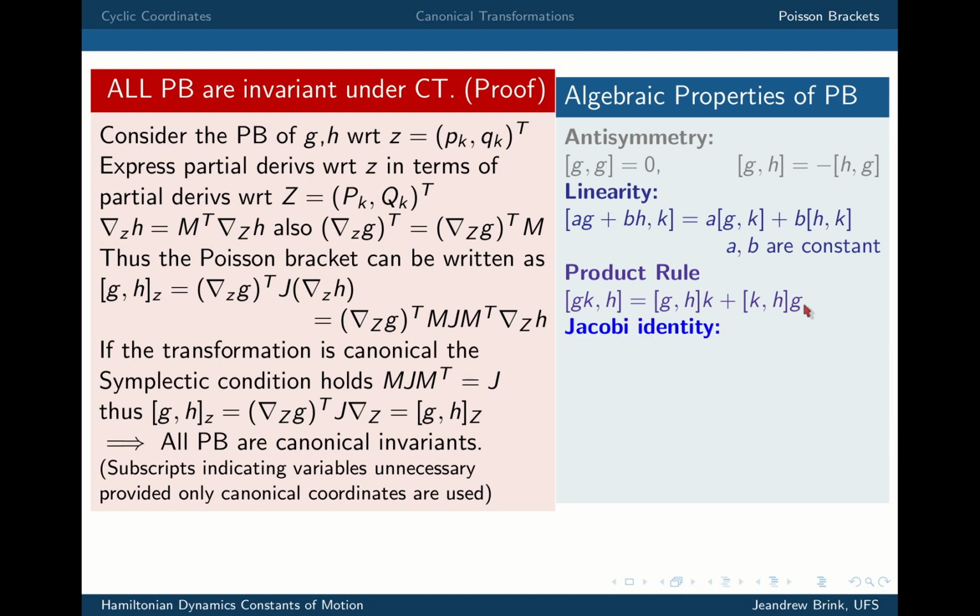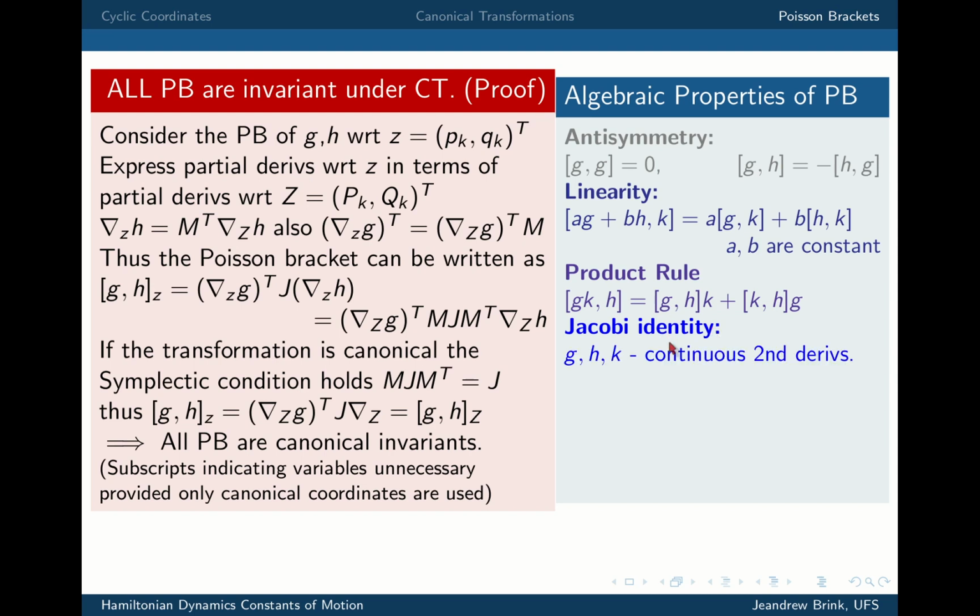And the final one is the Jacobi identity. This one is harder to prove. You can still get it by simply writing out the definition of the Poisson brackets and very cleverly combining it. And it is actually given in Goldstein. So if you want the proof, I don't do it here because it's tedious.